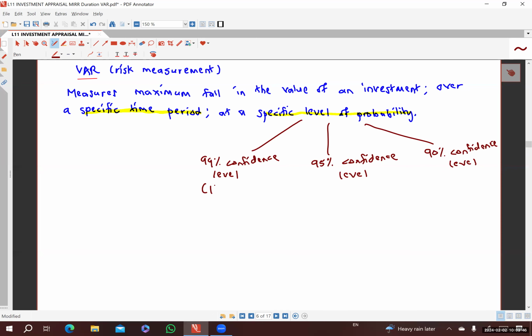Which is equivalent to a 1% significance level, 5% significance level. It's the same thing. Significance level refers to the P value of the statistical test. And here is the 10% significance level.